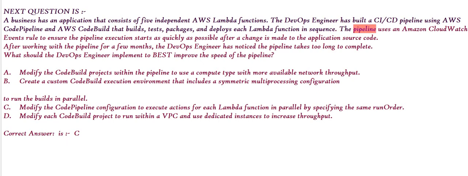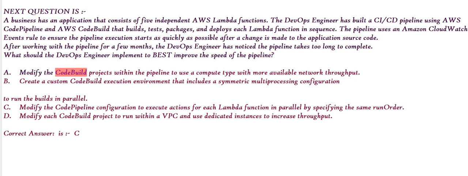The pipeline uses an Amazon CloudWatch Events rule to ensure the pipeline execution starts as quickly as possible after a change is made to the application source code. After working with the pipeline for a few months, the DevOps engineer has noticed the pipeline takes too long to complete. What should the DevOps engineer implement to best improve the speed of the pipeline?